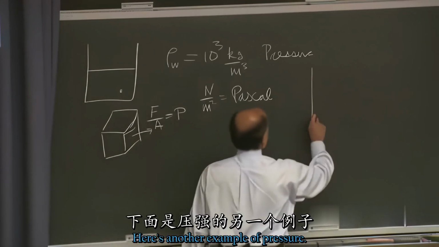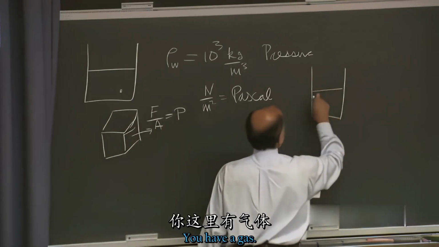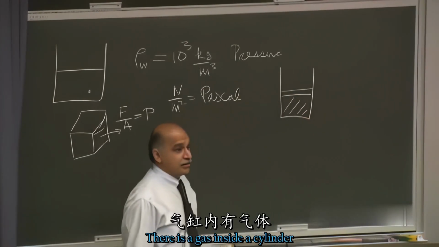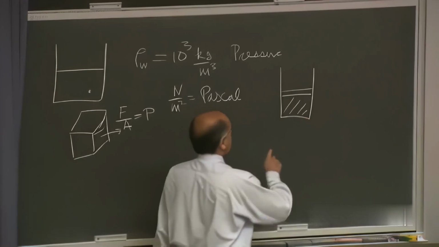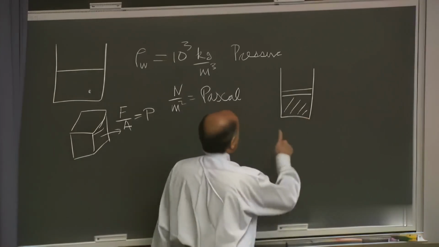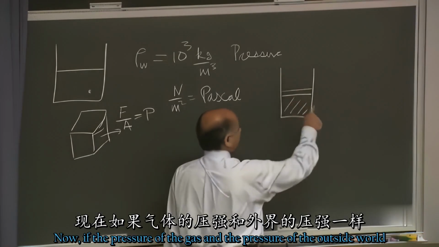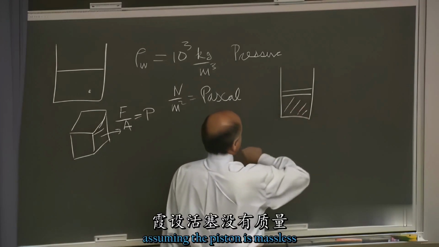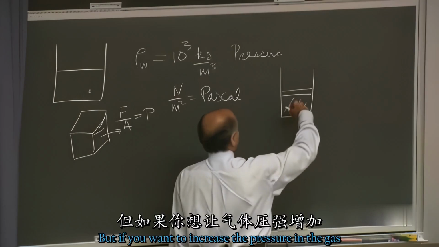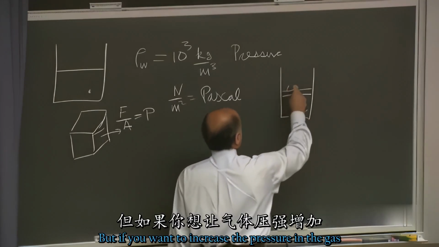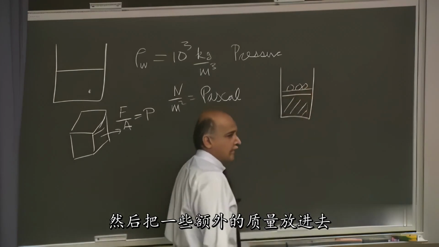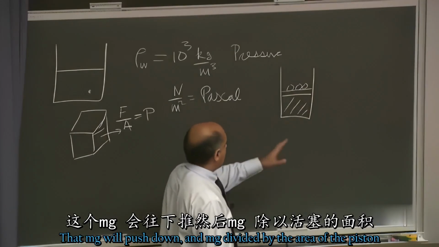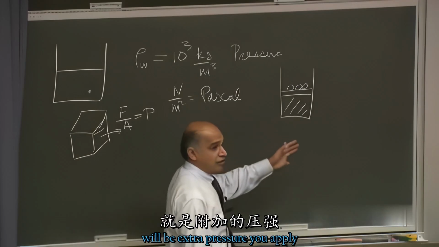Here's another example of pressure. You have a gas. We'll do a lot of this after the break. There is some gas inside a cylinder. That's a piston. Now, if the pressure of the gas and the pressure of the outside world are the same, there's nothing you have to do, assuming the piston is massless. But if you want to increase the pressure in the gas, you put some extra weight. That mg will push down, and mg divided by the area of the piston will be the extra pressure you apply.